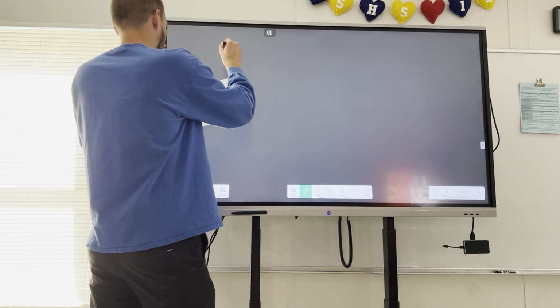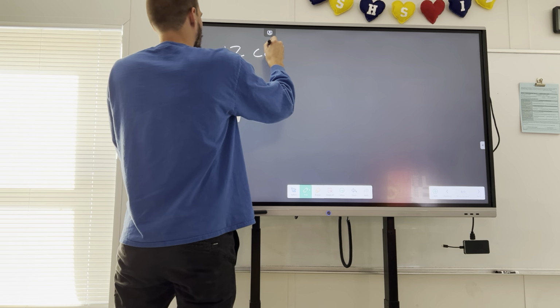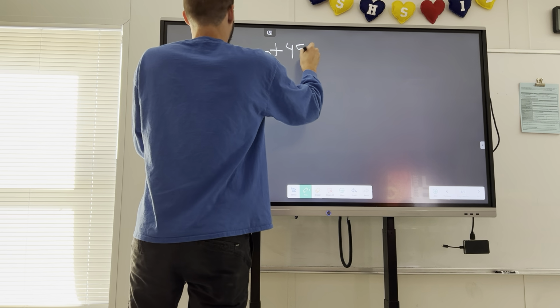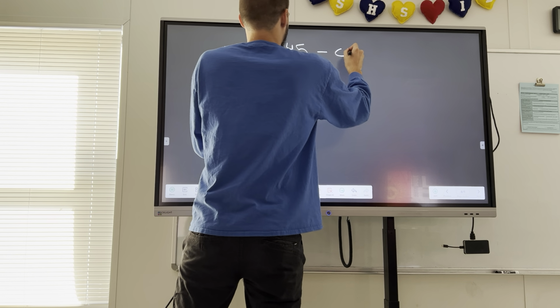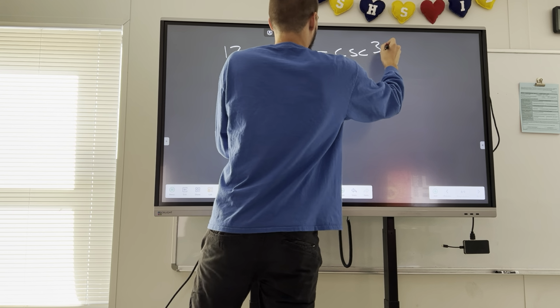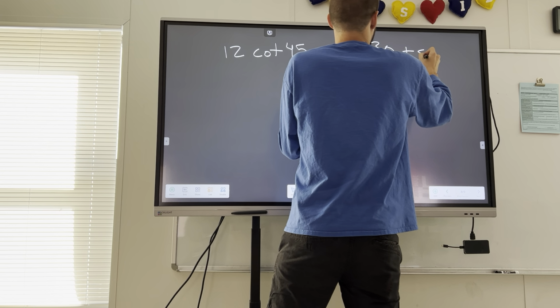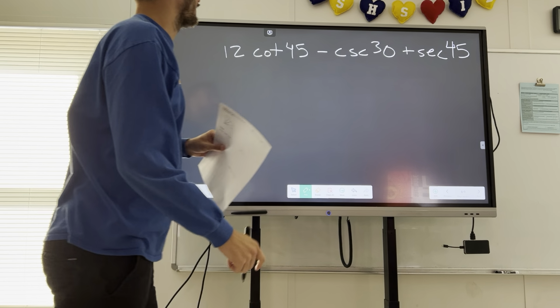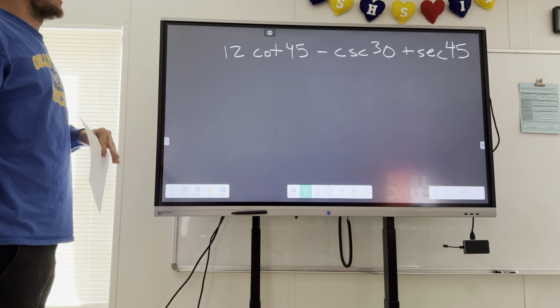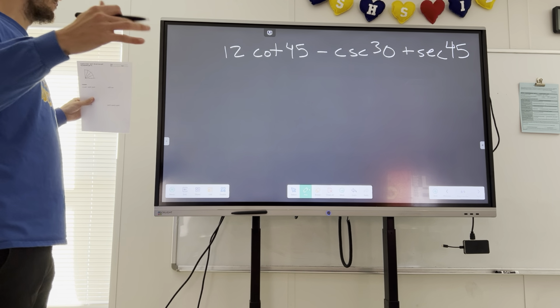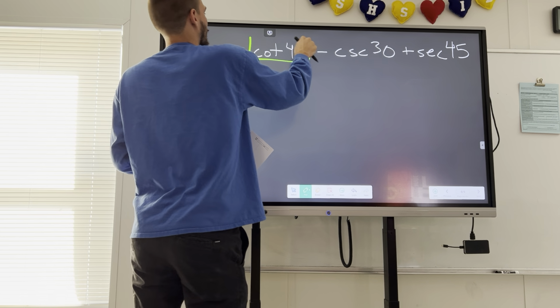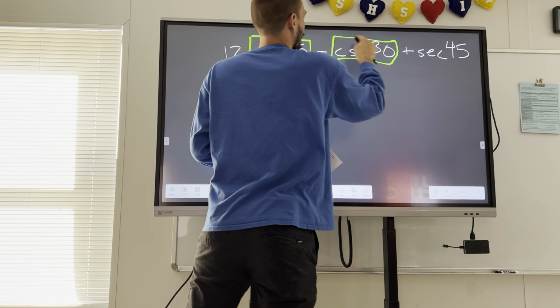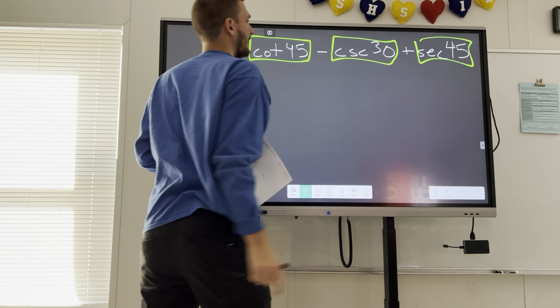And so the first one, we've got 12 cotangent of 45 minus cosecant 30 plus secant 45. Now, we want to see this as a trig piece, a trig piece, and a trig piece.